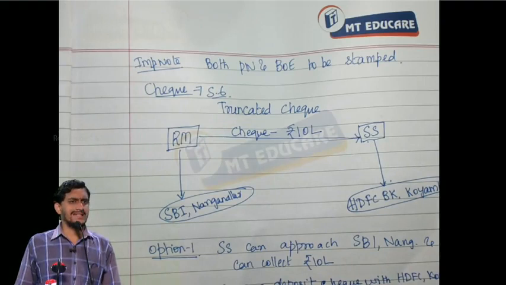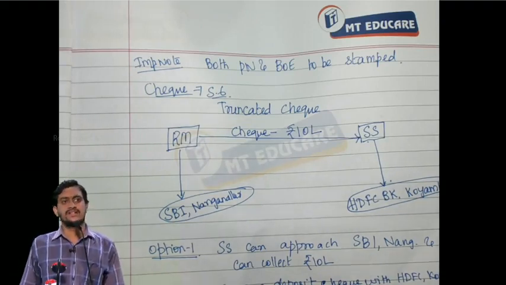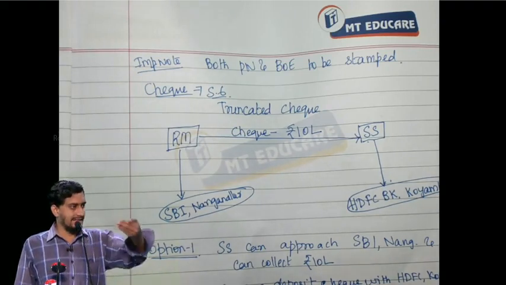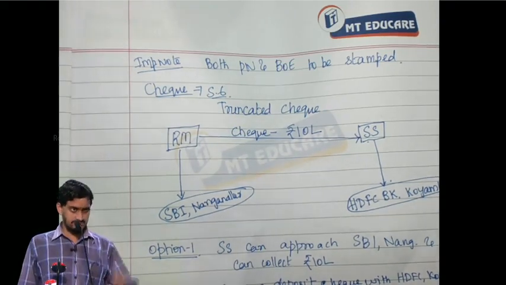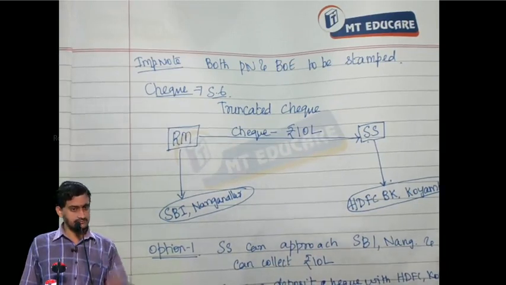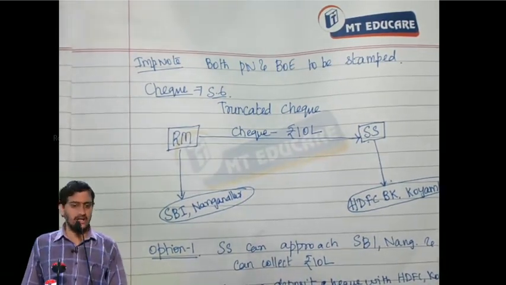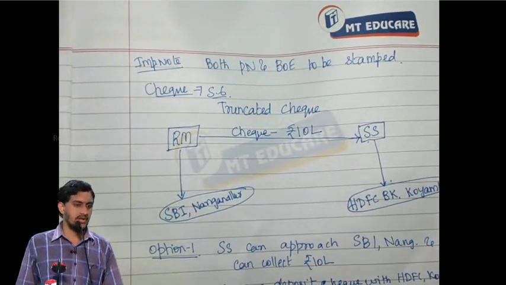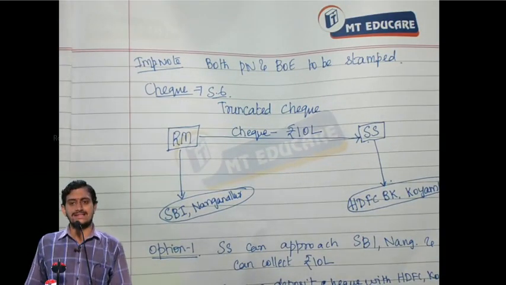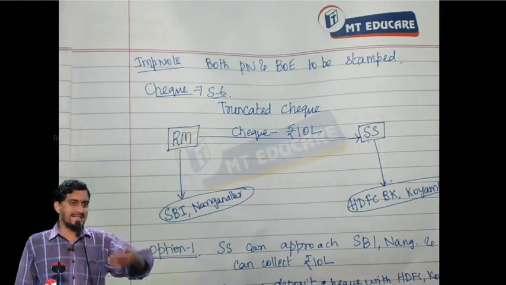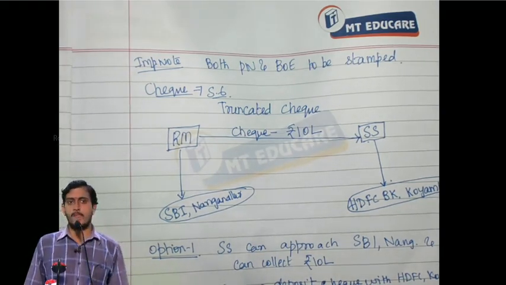What is meant by check in an electronic form? Check in an electronic form means the check is generated electronically, written electronically, signed electronically, transmitted electronically. Everything happens electronically. But in the case of a truncated check, when the check is created, it is in a paper form.